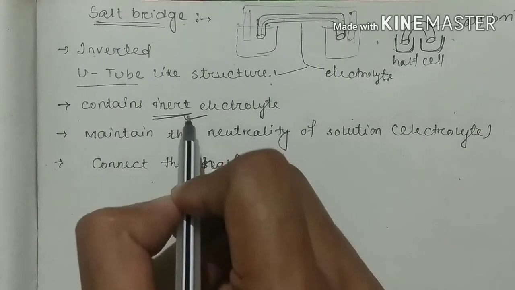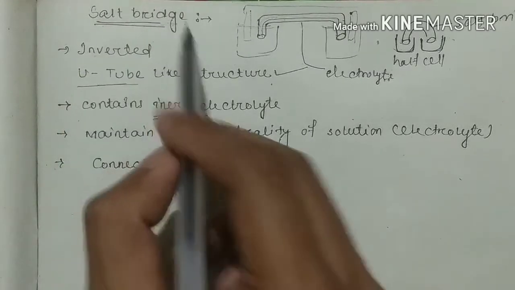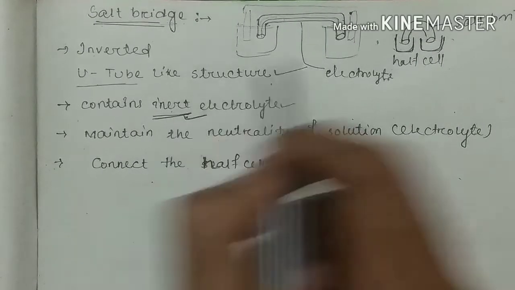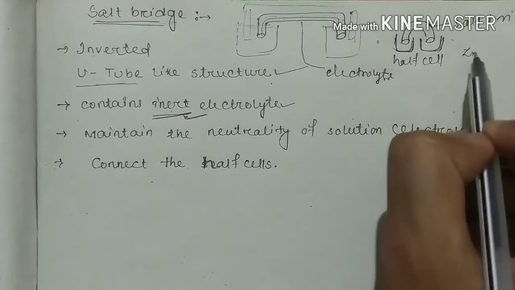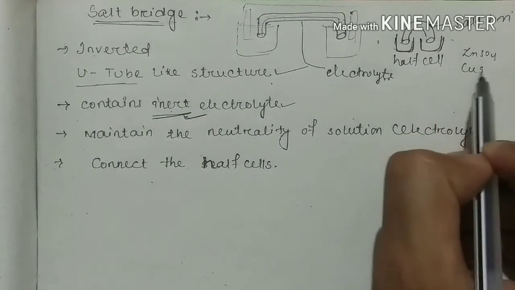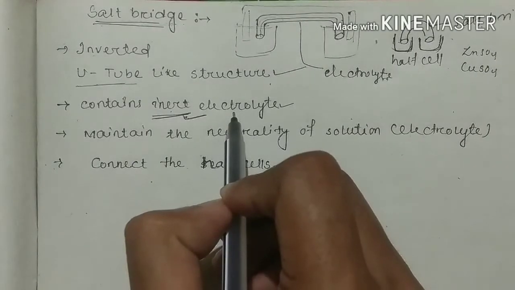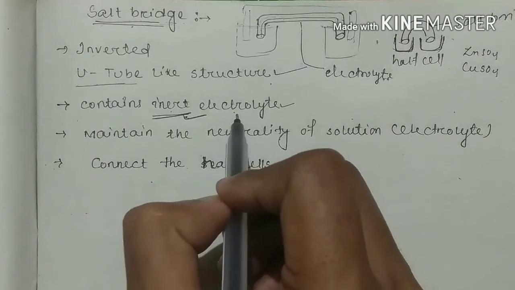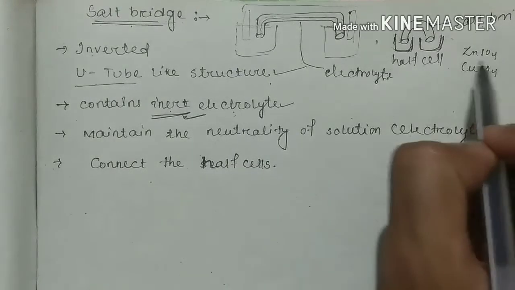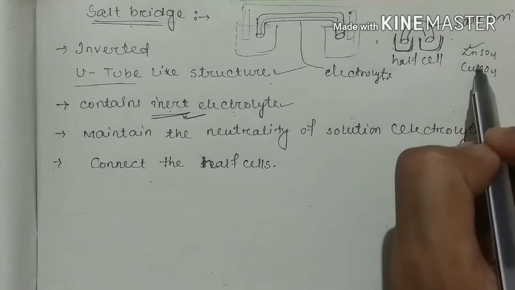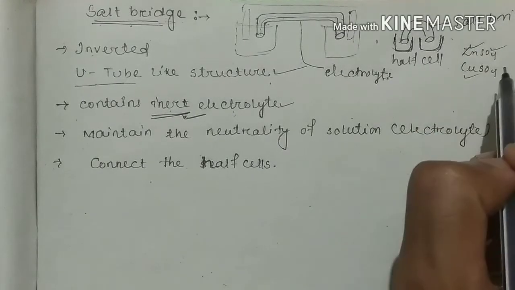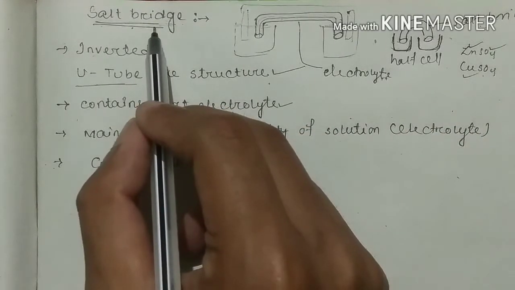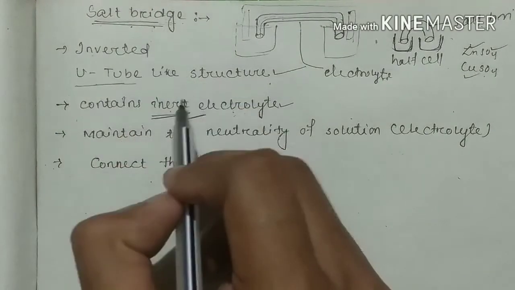It means if the half cells contain zinc sulfate and copper sulfate, then the salt bridge should not contain any electrolyte which has ions such as Zn2+, SO4 2-, or Cu2+, because the salt bridge contains an inert electrolyte.